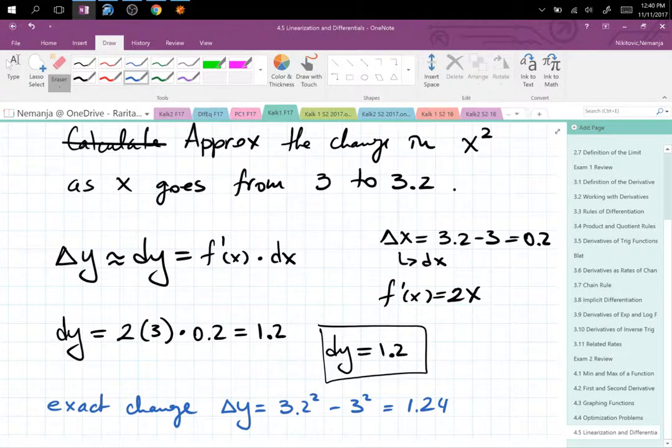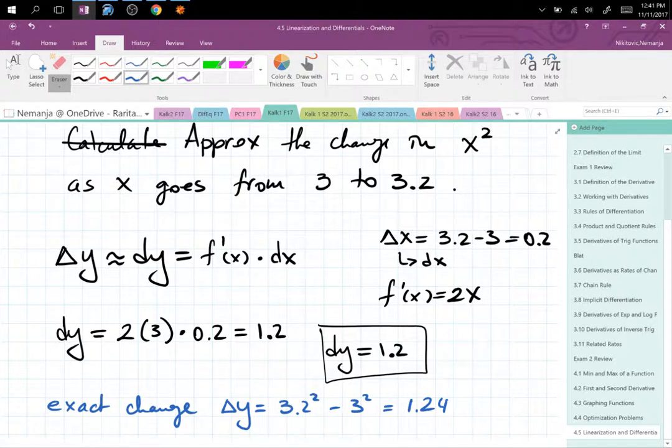But in the good old days, I really didn't want to compute 3.2 squared, or an engineering formula that has more of those obnoxious calculations. To calculate the change, it's much faster to do this.